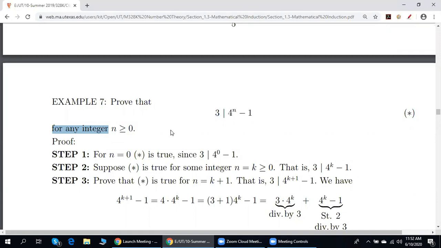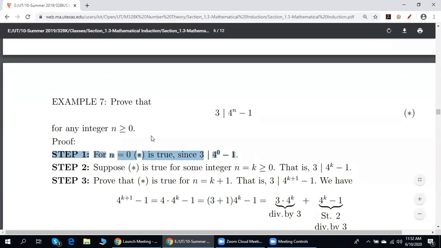Step 1. Show that this is true for n is equal to 0. Note that if n is equal to 0, 4 to 0 power is 1, 1 minus 1 is 0, 3 does divide 0, because 0 can be written as 3 times integer. 0 is 3 times 0.